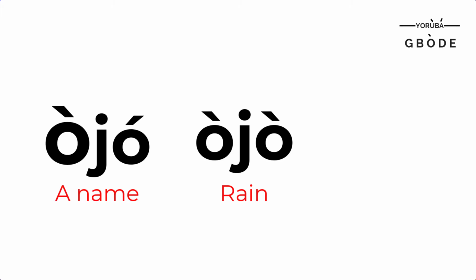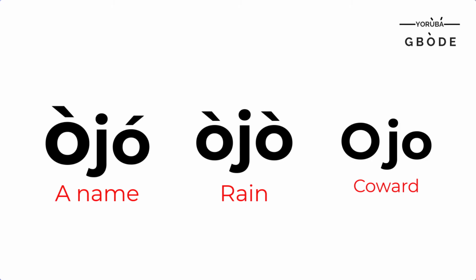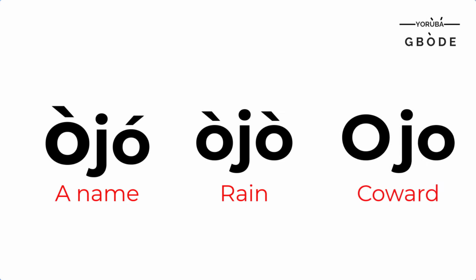The second O, do. But when it comes to ojo, coward, still the same three-letter word, O, G, O. Ojo, coward. Re, re. On it, you just write ojo. You don't put anything on it.